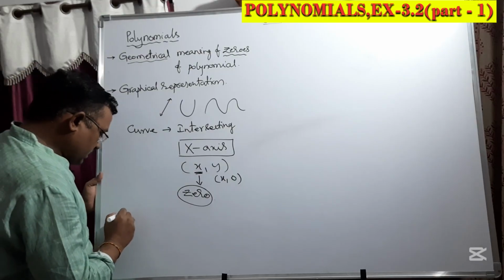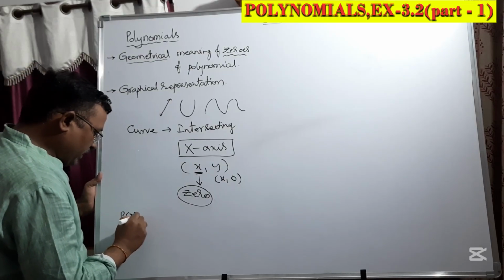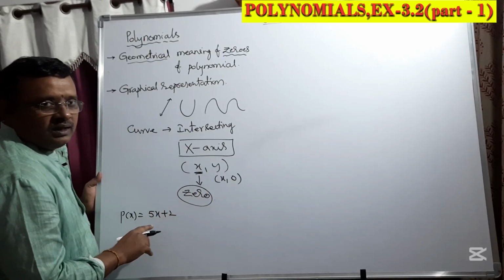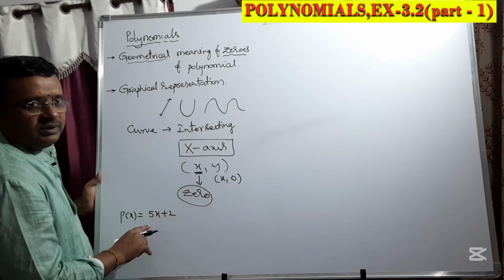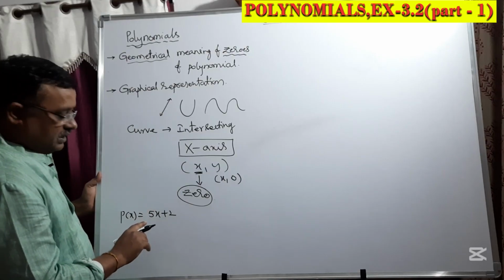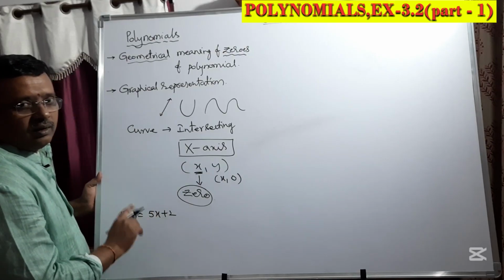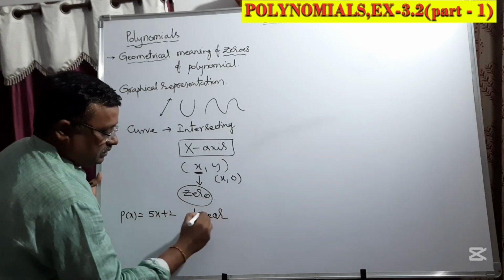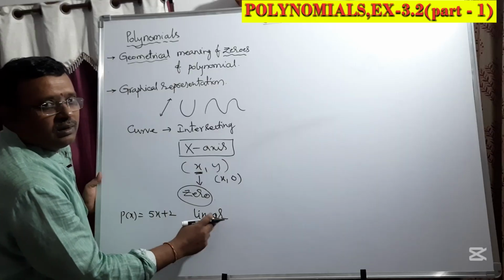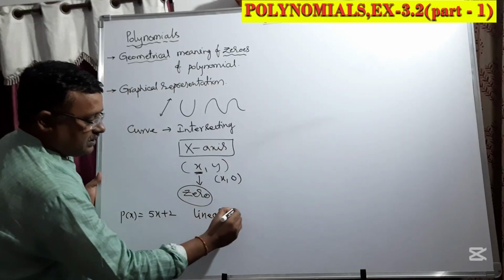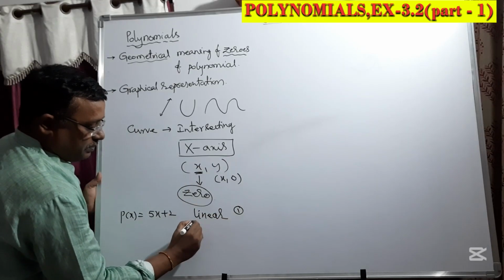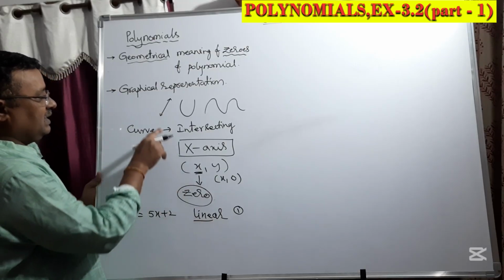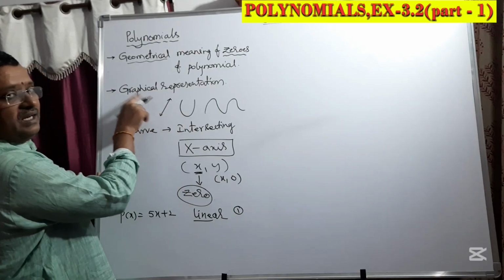Here you please see. Let us suppose p(x) = 5x + 2. It is a polynomial with degree 1. That's why it is called a linear polynomial. A linear polynomial, whose degree is 1, always represents a straight line graphically.